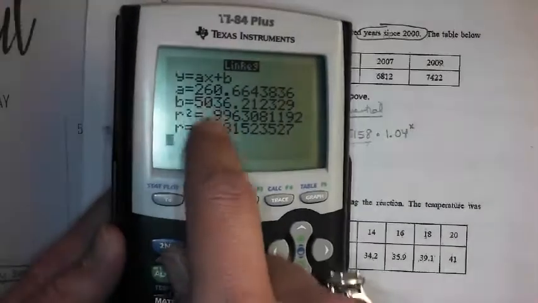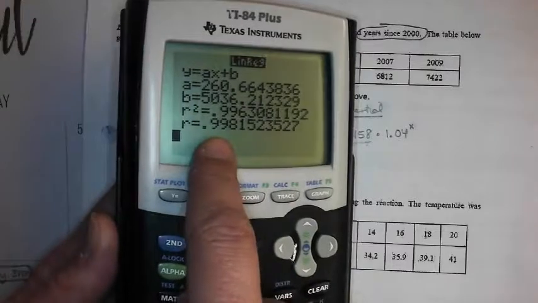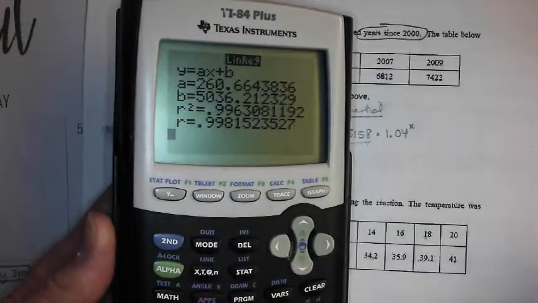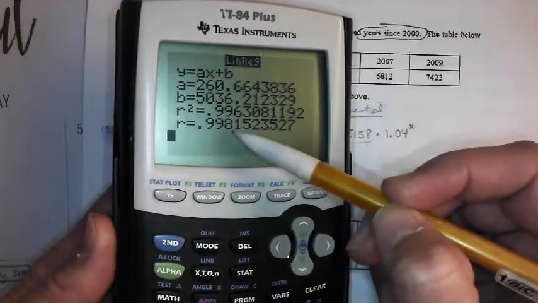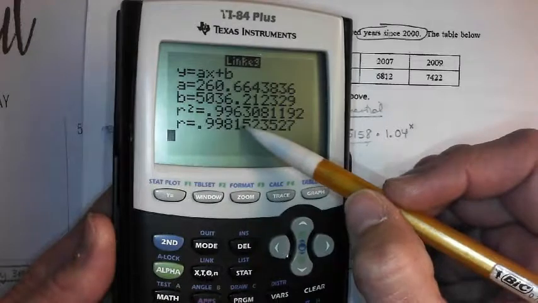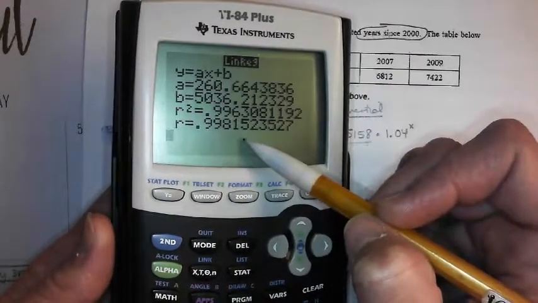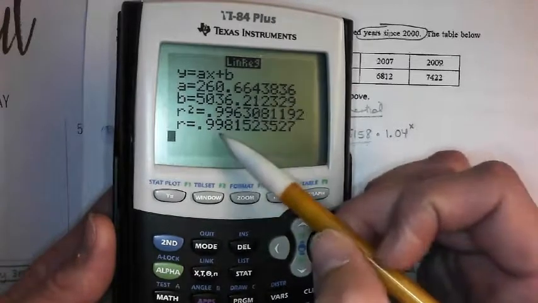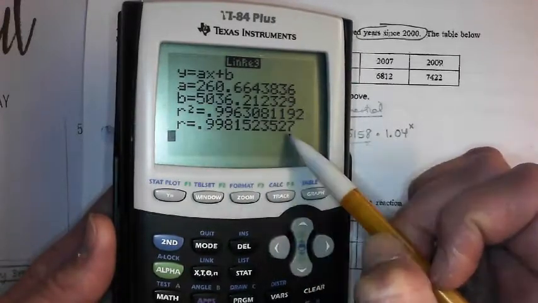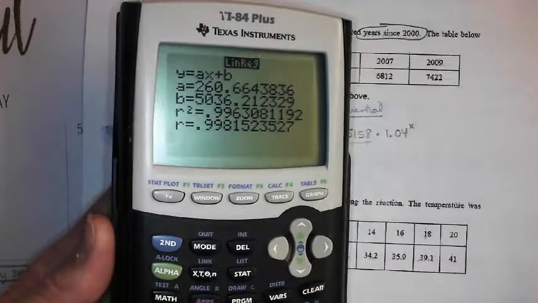Yes. Do we remember this from Algebra 1? What does R tell you? It's called your correlation coefficient. It tells you the strength of this correlation, how perfectly modeled it is. And the closer this is to 1, the more perfect it is.